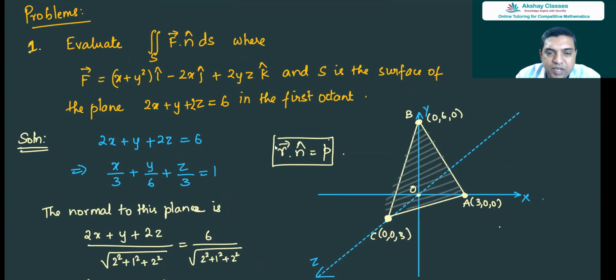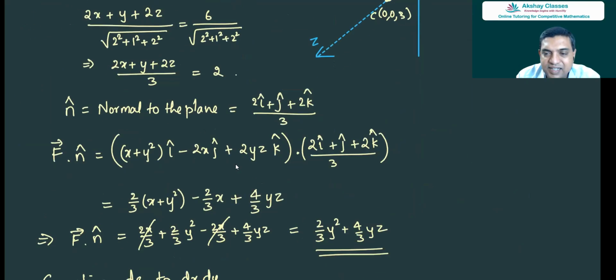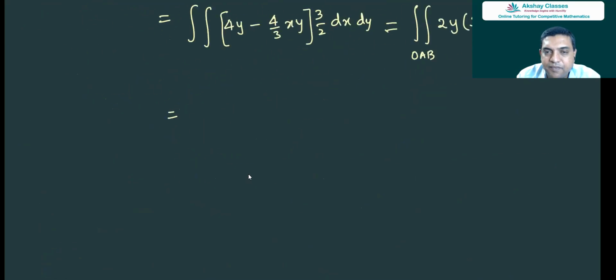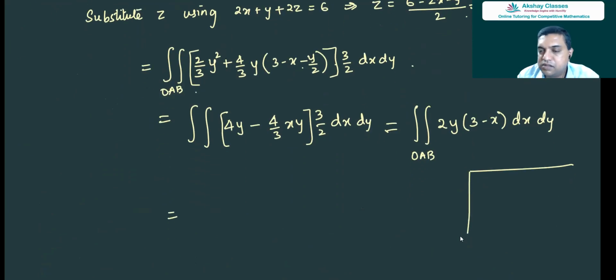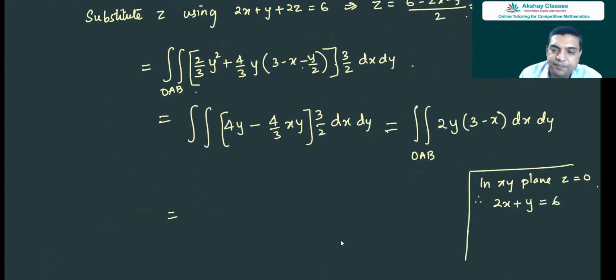Then 2x plus y is equal to 6. In the xy plane, z is equal to 0, therefore we get 2x plus y is equal to 6.